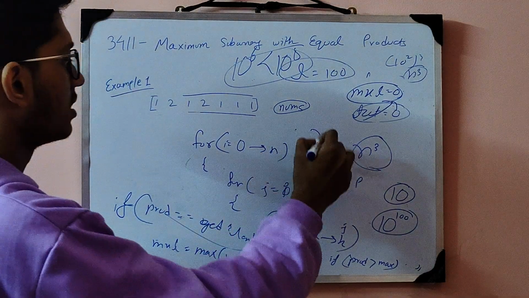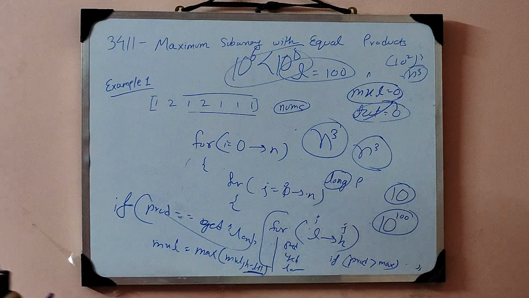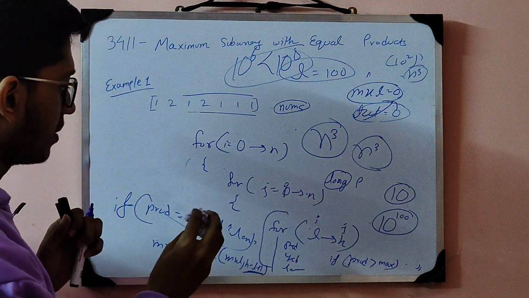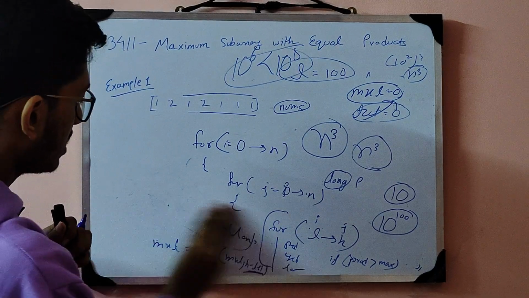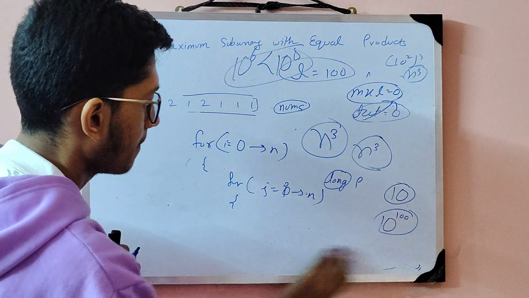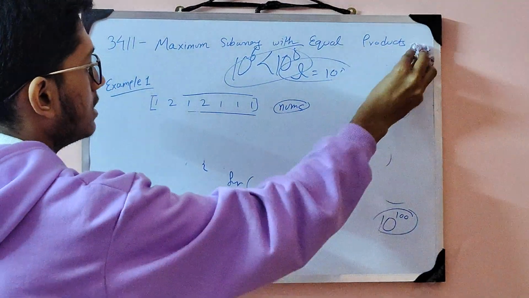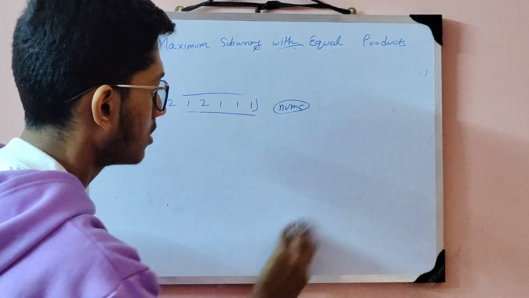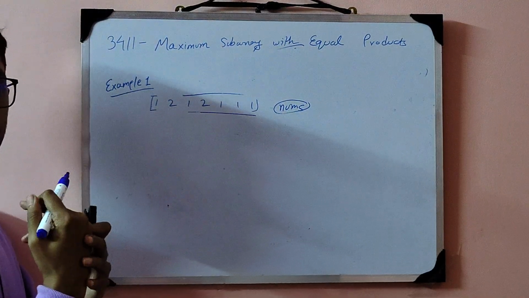It is working with n cube. I can make it n square with a little optimization, and you can check one thing here.